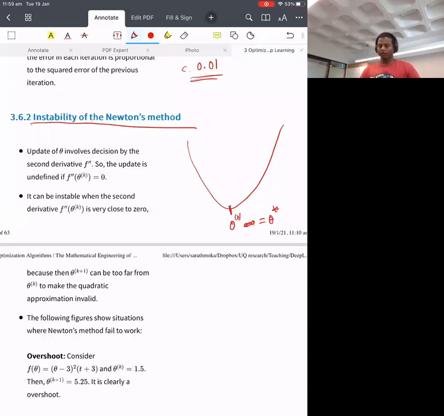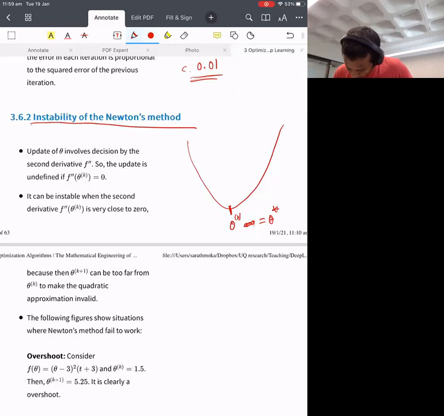Then there is a confusion: if the derivative is zero, you can immediately announce that this is the optimal value.